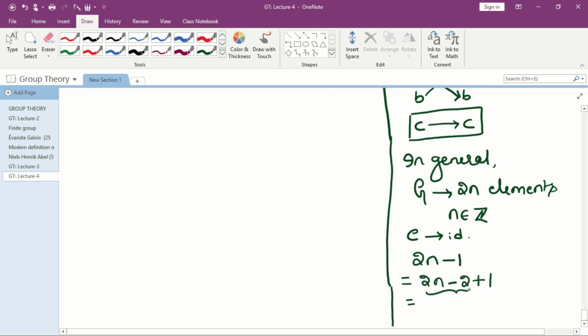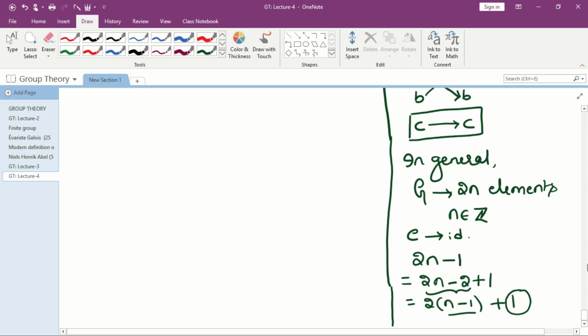From the first and the second term, 2 is the common factor. Therefore, we get 2 into n minus 1, plus 1. So I have n minus 1 pairs of elements having inverses, but there is one element remaining which doesn't have an inverse partner. Therefore, the inverse of that element is itself.